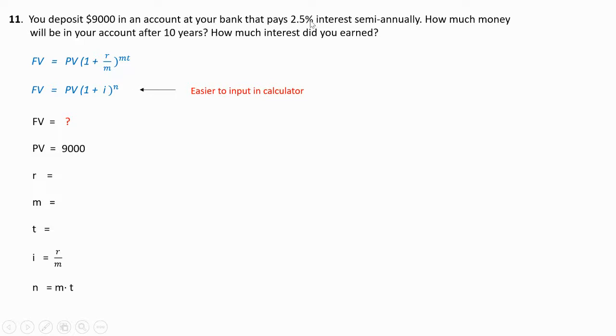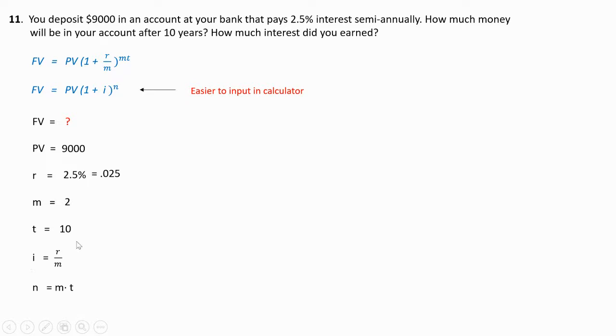My interest rate is easy to know because it's a number with a percent symbol. So it's going to be 2.5%. But remember, you have to convert it to a decimal. So it's going to be 0.025. My M is how many times it's compounded per year. The interest was compounded semi-annually, which means 2. My T will be 10 years.